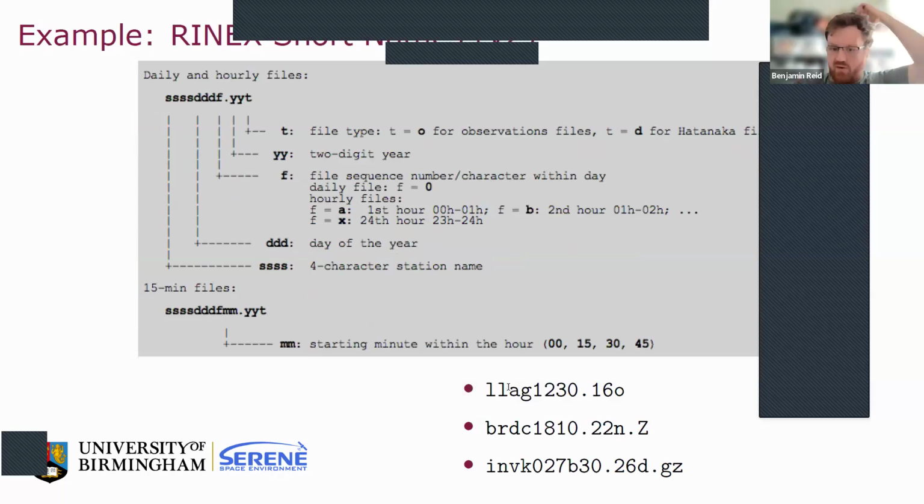So, just some examples. Here are some files. So what can we know about this first file here? If anyone wants to pipe up. What's the station name or the station code?